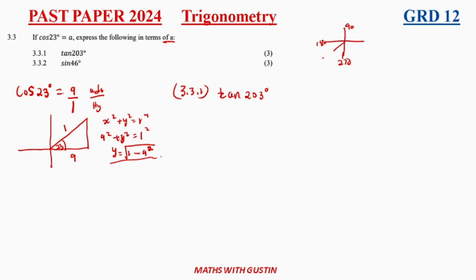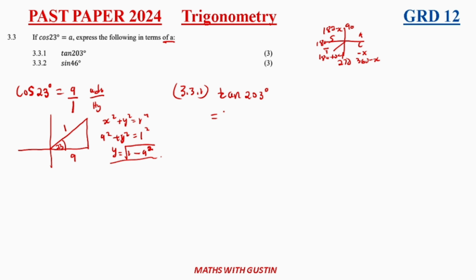So 203 is sitting somewhere here, which is the third quadrant, and in the third quadrant tan is positive. Here we have 180 plus x, here 180 minus x, and we've got others, 360 minus x, and so on and so forth.